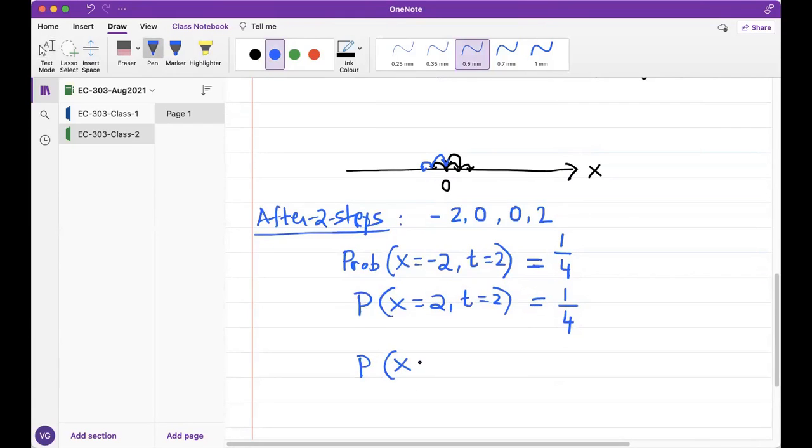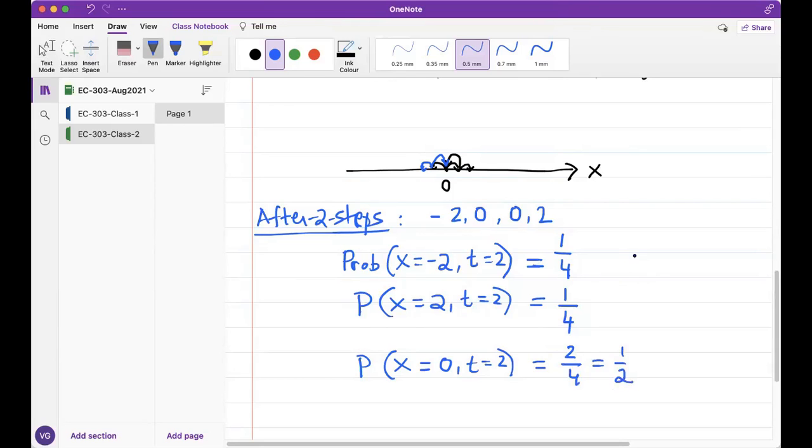What is the probability that the animal was at the origin after 2 time steps? Half, right? Because there are 2 possible outcomes that take us back to the origin. So 2 by 4, that will be 1 by 2.